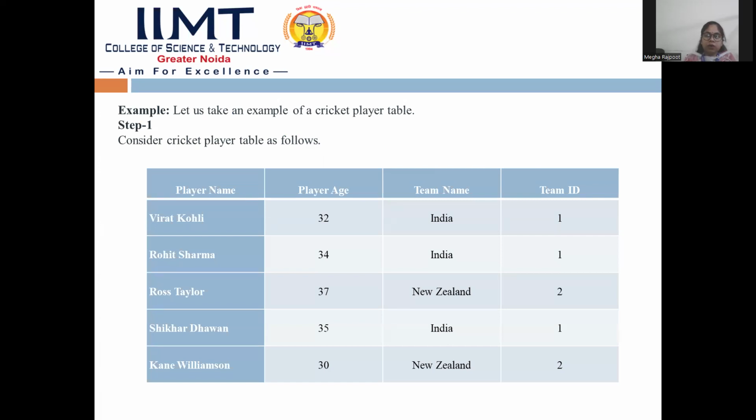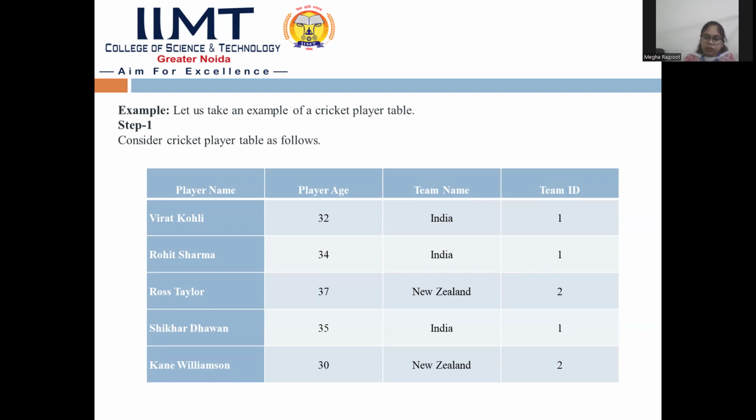So this is an example of data redundancy. In the following table, there is a cricket player table in which we fill the record of all players, like player name, player age, team name, and team ID. There is more than one player with the same team ID, and more players with the same team name.